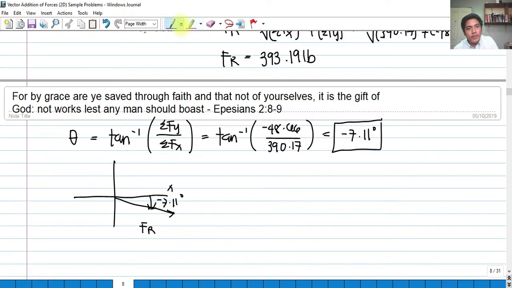Whereas the problem is actually asking us for its angle or direction in the counterclockwise direction. So what are we going to do?